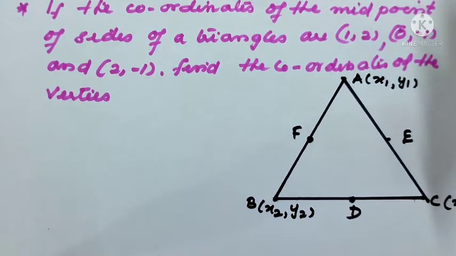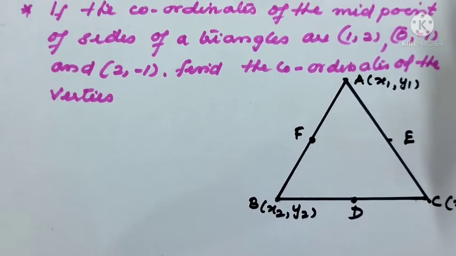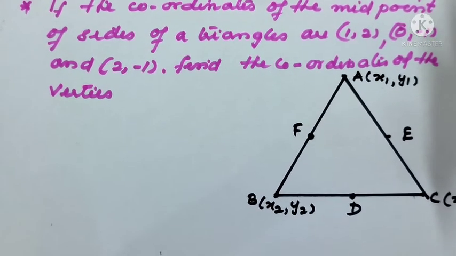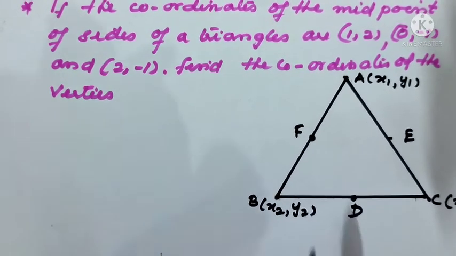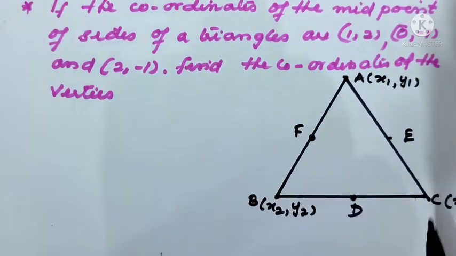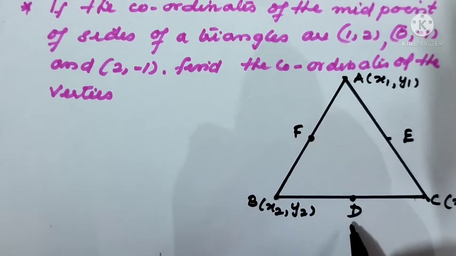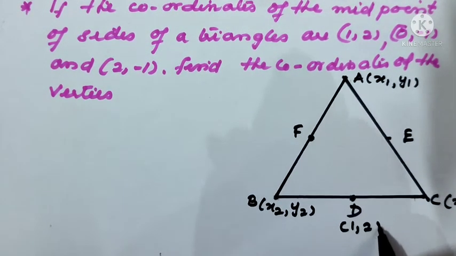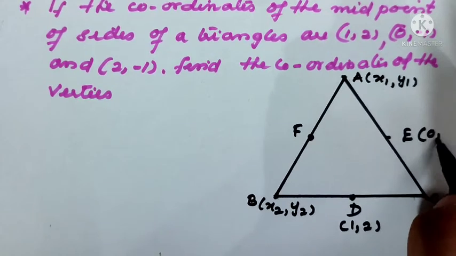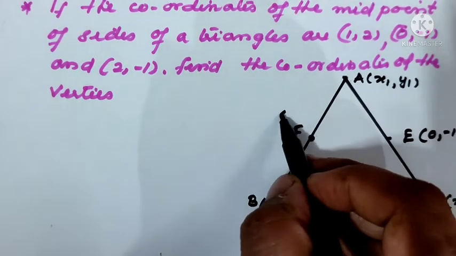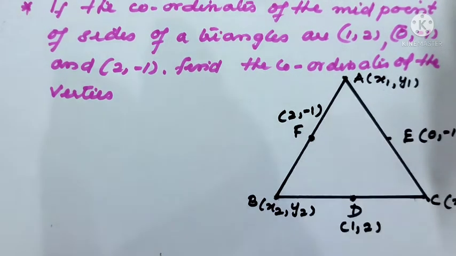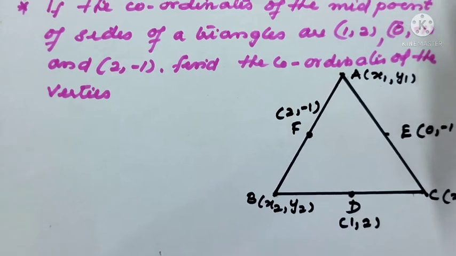So we can use the midpoint section formula here. Before that, we already have the coordinates of the midpoints of the sides of the triangle. Let me take D as (1, 2), E as (0, -1) and F as (2, -1).